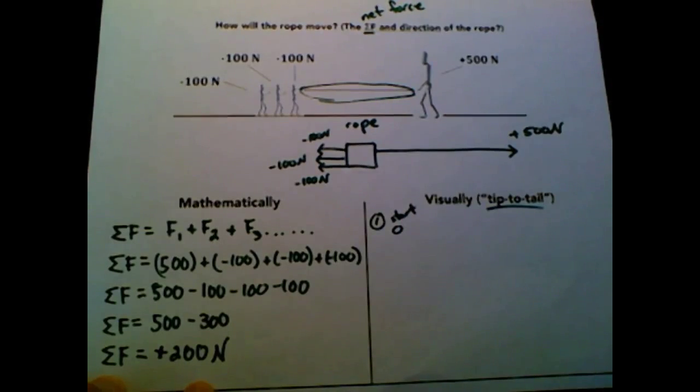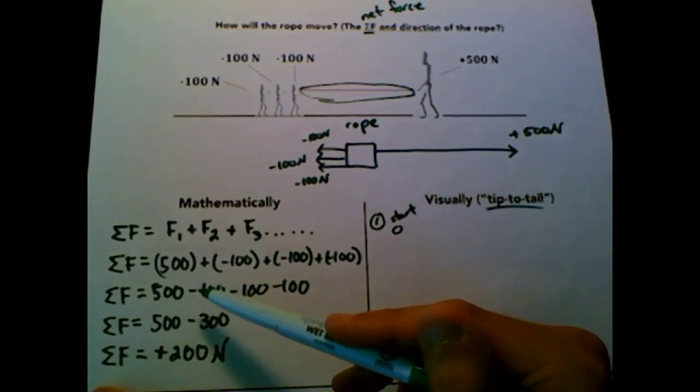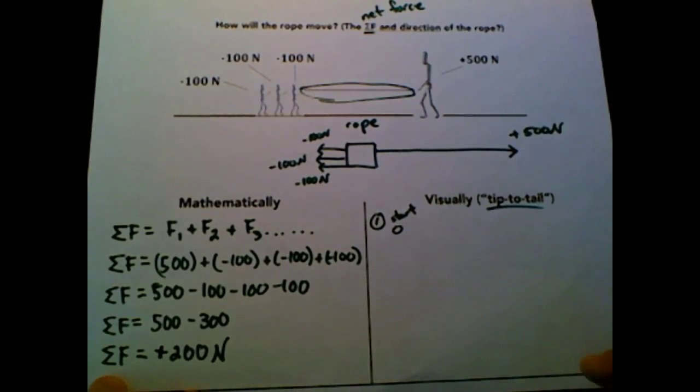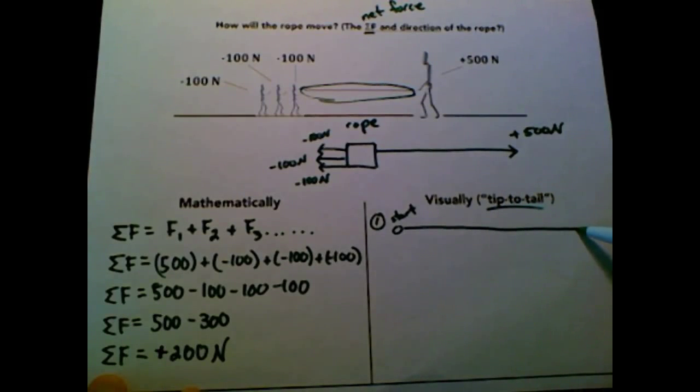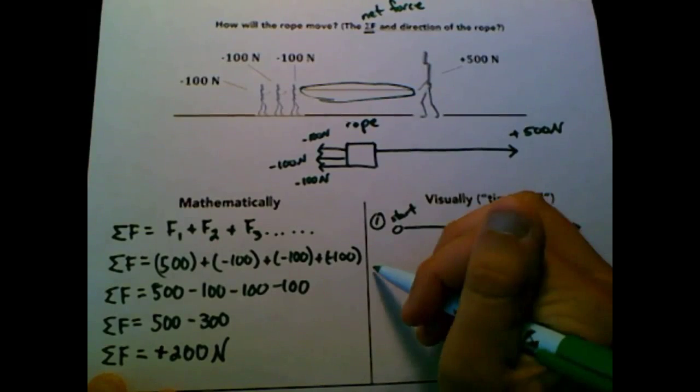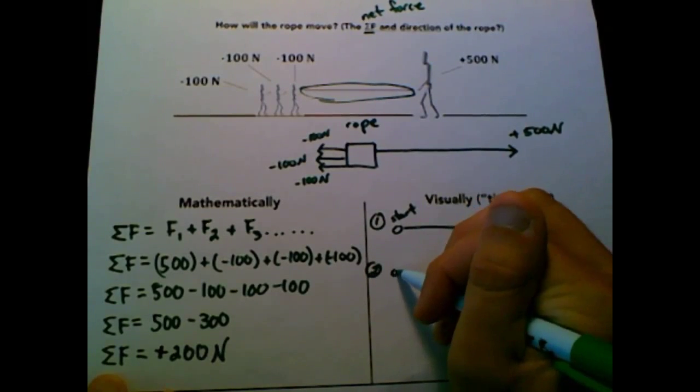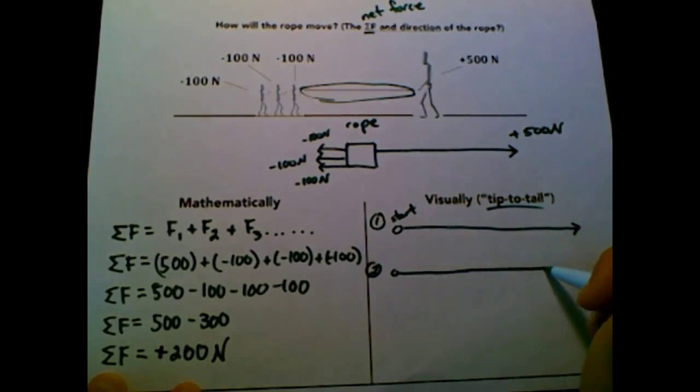From that starting point, same as I did mathematically, I start with my forces going to the right. So I have a force of 500 newtons going to the right. And again, you don't always have to be so repetitive with drawing this, but it helps for a step-by-step process when looking at your notes.